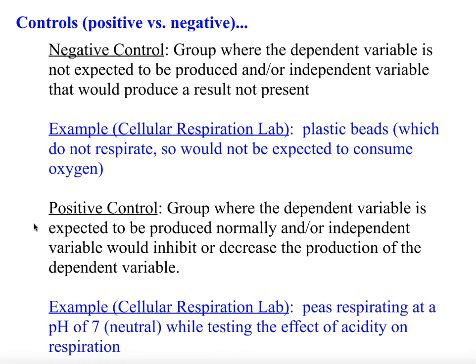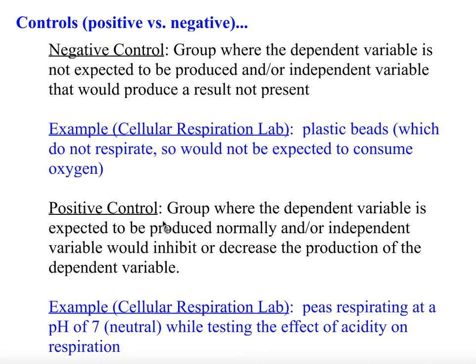Which contrasts with this: a positive control is a group where the dependent variable is expected to be produced normally, and the independent variable would inhibit or decrease the production of the dependent variable. So, with the FRQ from this past week, the one where it was talking about amanitin and how it affects the rate of transcription, how it affects the activity of the RNA polymerase, the control that was missing that you had to talk about was a positive control.